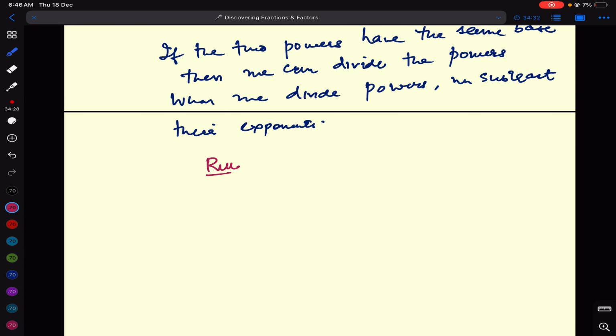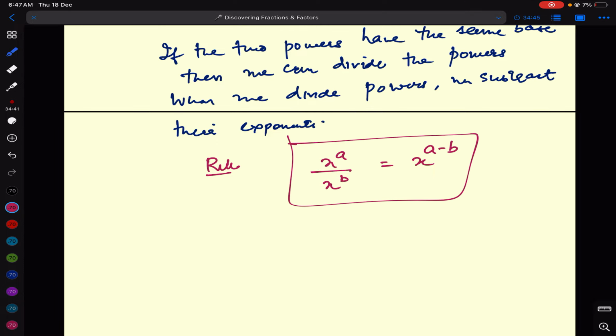The rule here will be x to the a over x to the b, which is the division of two powers. We'll be subtracting their exponents, which gives x to the a minus b. The example is going to be like this: 4 square over 4 to the 5.